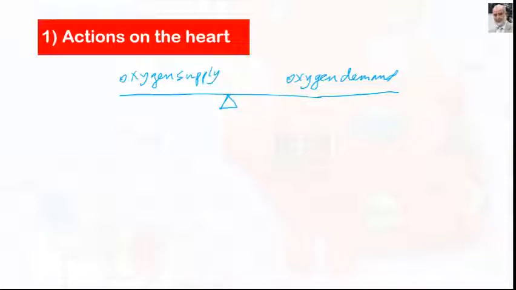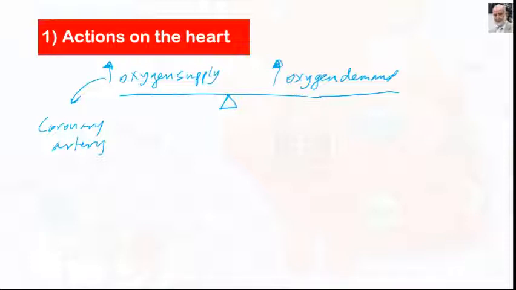Of course, the supply is done through the coronary artery, as we know. Coronary artery is the main source of oxygenated blood to the heart muscles. Okay? Now, when the oxygen demand increases in any situation like exercise, like mental stress, whatever, the supply should increase. Okay? This is normal. This is the normal balance.